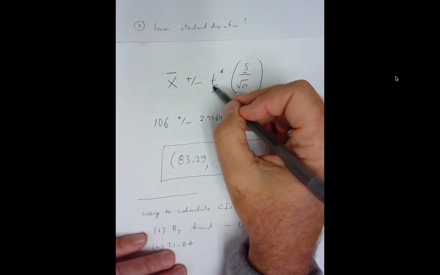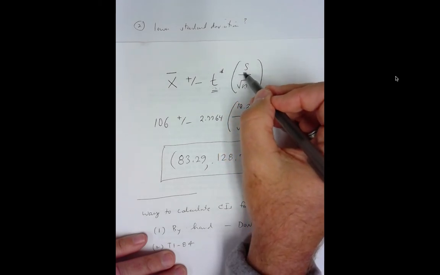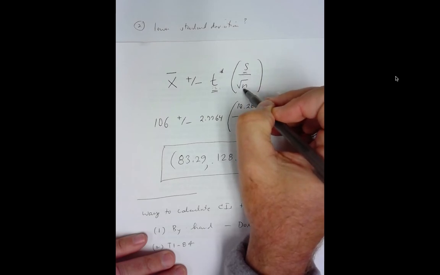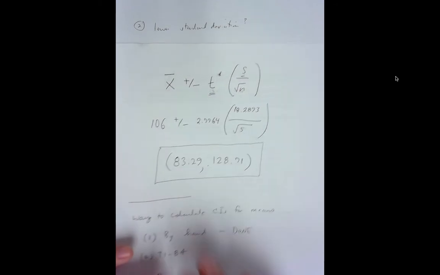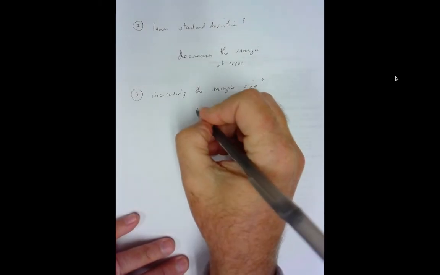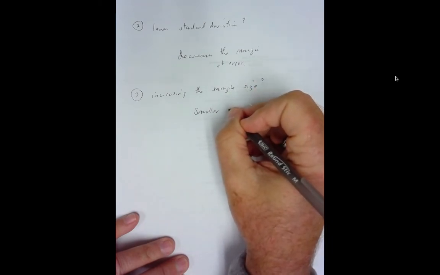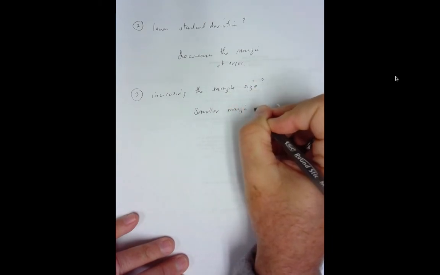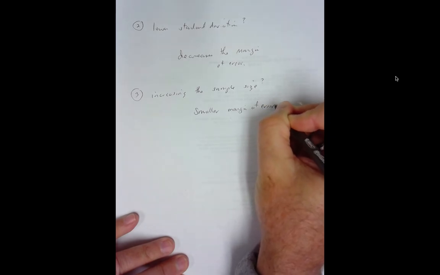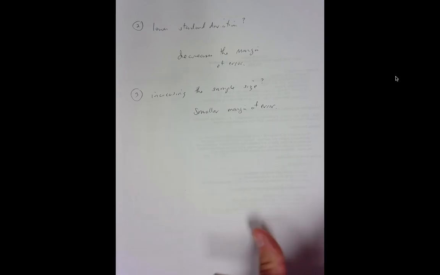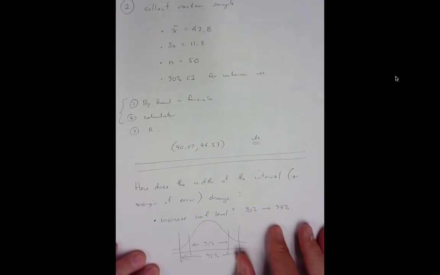So if you multiply your T critical by a smaller value, which is the result of increasing the sample size n, then you're going to get a smaller margin of error. So a smaller width, smaller margin of error.